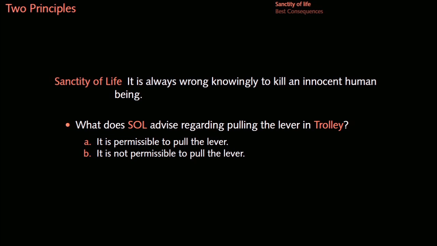Pretty much everyone is saying it says it's not permissible, and that seems pretty straightforward, right? Because pulling the lever, we agreed, was killing somebody, and it seems to be saying you never can do that. As far as we know, the person on the right-hand track is innocent. Maybe you can imagine some variation where they're a dastardly villain who trapped the 5 on the left-hand track, and then this principle just won't apply. But as far as we know, they seem to be innocent.